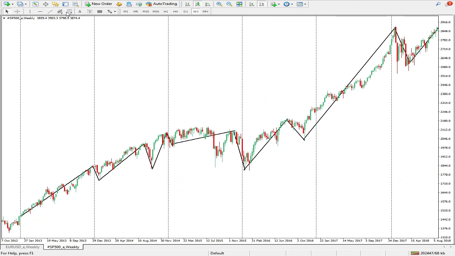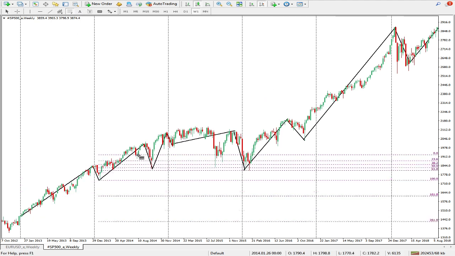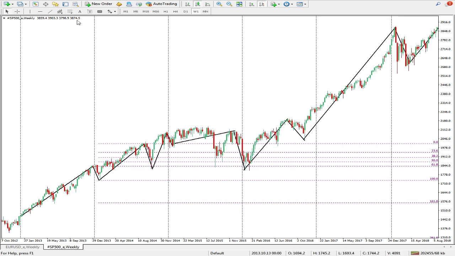We had this here, this. So I'll be writing those down. So the first one, it pulled back up to 23.6% pullback. So that's the first pullback that you have.